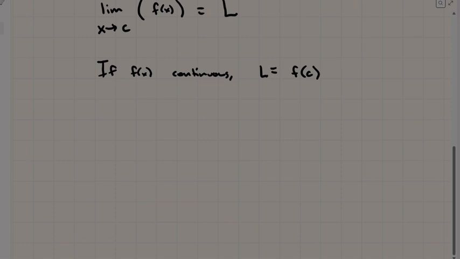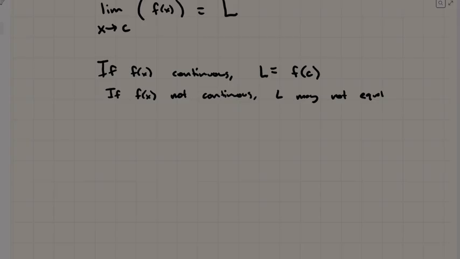There are some times, though, that f of x may not be continuous, and then the limit could be different than the actual function value. And there's some discontinuous functions where maybe it's undefined at x equals c, but then the limit still could exist.